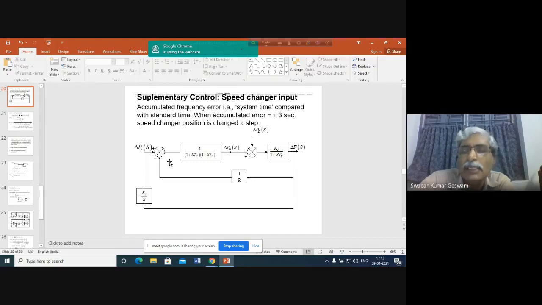CESC was particularly mostly distribution and a very small part of generation. Similarly, DVC had their generation and some transmission as well. So these systems were there.